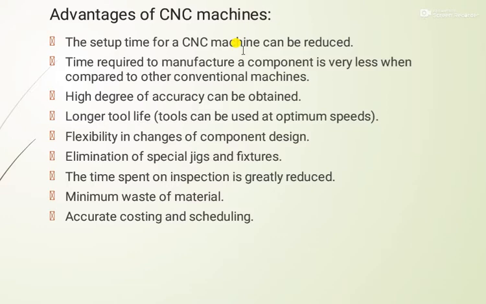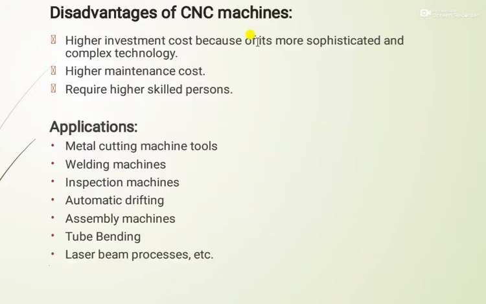Longer tool life; the tool can be used at optimum speed. Flexibility in changes of the component design. Elimination of special jigs and fixtures. Time spent on inspection is greatly reduced. Minimum waste of material. Accurate costing and scheduling.